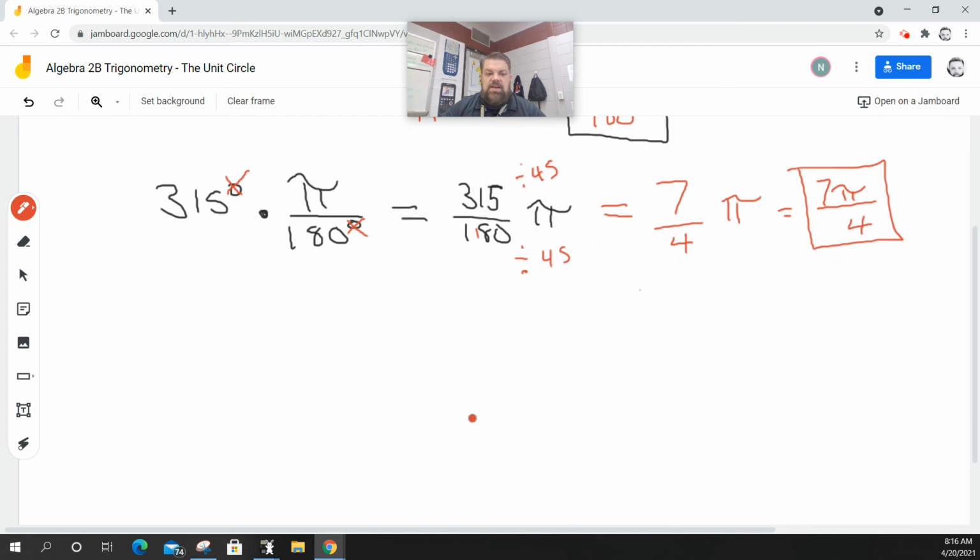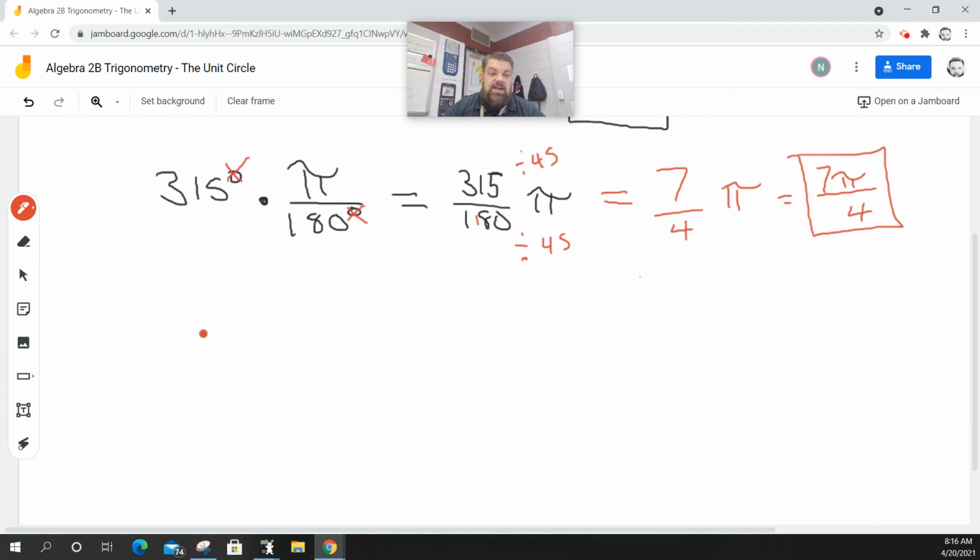Well, now let's do another one. So anyways, this problem, you got to convert like 4 of these. So the next one is 80 degrees. Same conversion ratio, I'm going to say pi over 180. Well, 80 isn't divisible by 45, but it looks like they're both divisible by 20.